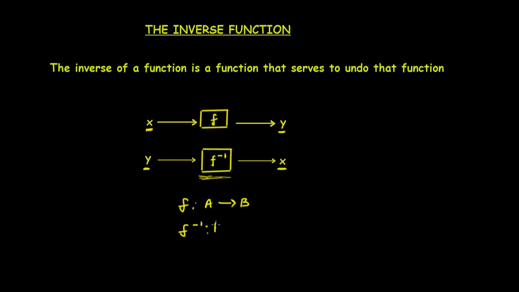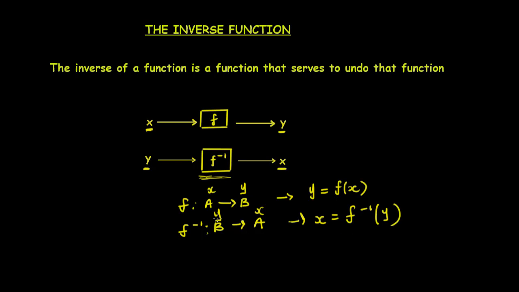It takes B back to A. So X values are in A and Y values are in B. If you say that the output value Y is equal to F of X, it implies that the output value will be X equal to F inverse of Y. Because when you put your input value Y here, you will get the output F inverse of Y. So X is going to be equal to that.